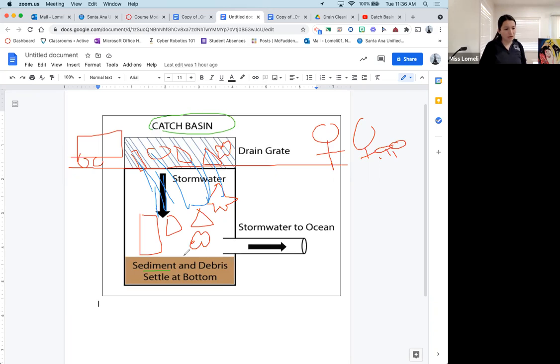Our goal is to catch it here. And then it has this pipe that is not at the very bottom, it's a little bit above it, and our hope is that just water goes into this pipe, just water, and all of the debris stays here. The water flows here into what we call your receiving waters.